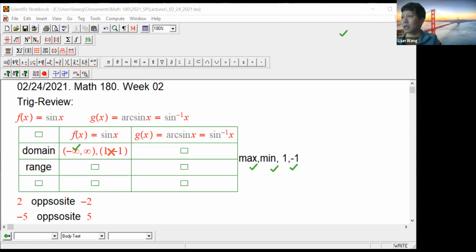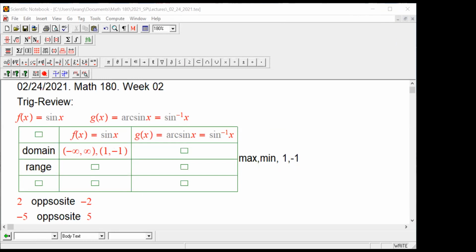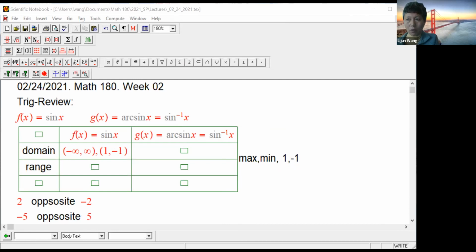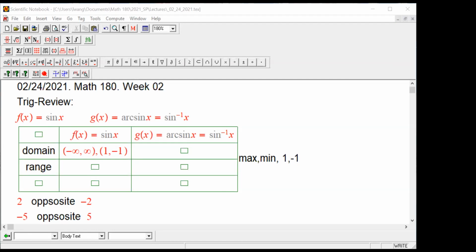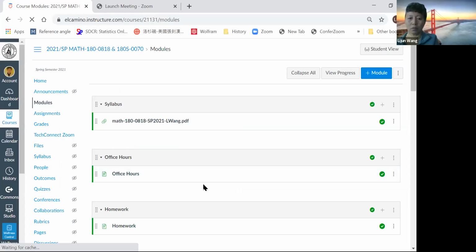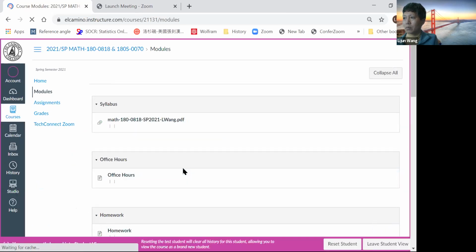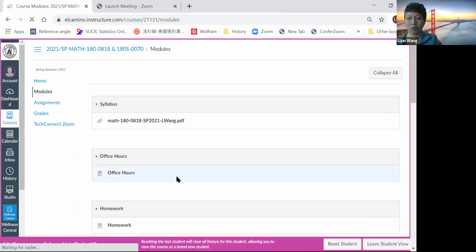Okay, so let me clean this up. On the module, do you guys see this? Let me share that with you. Student view. On the module, this is what you see.